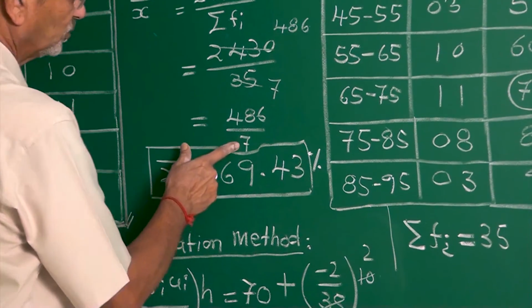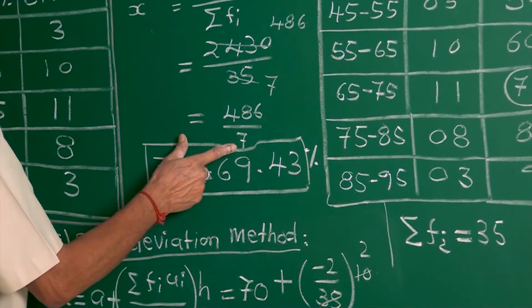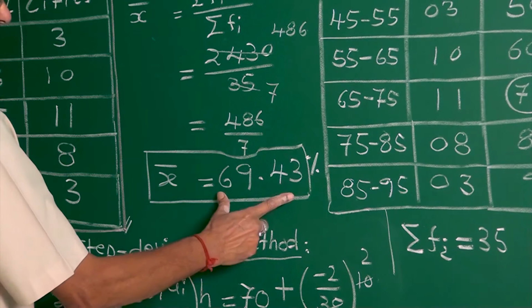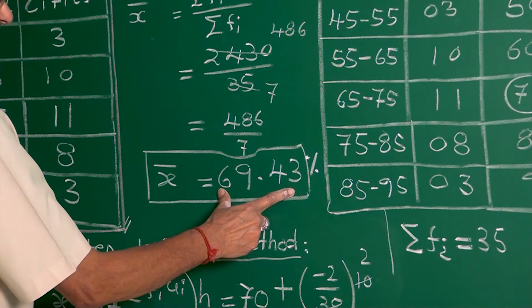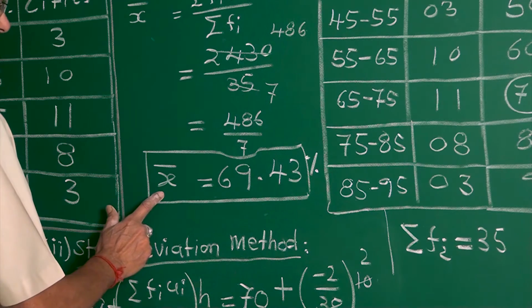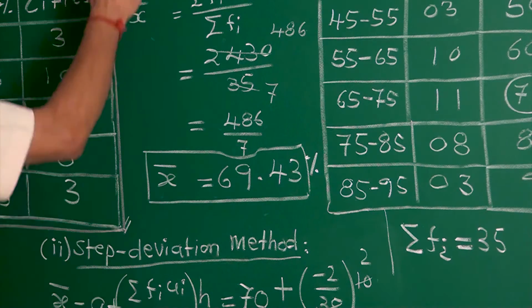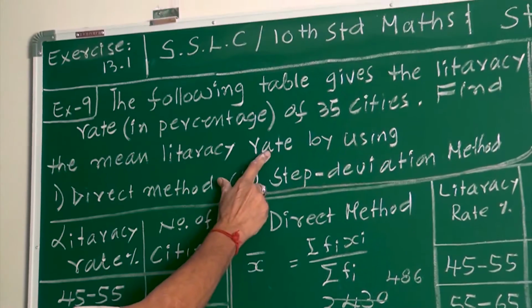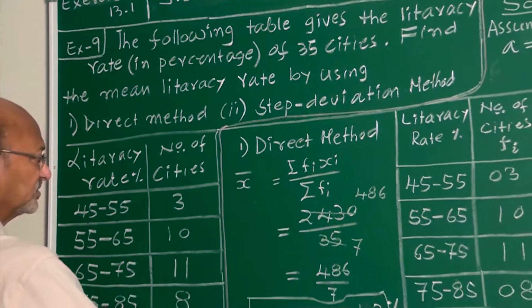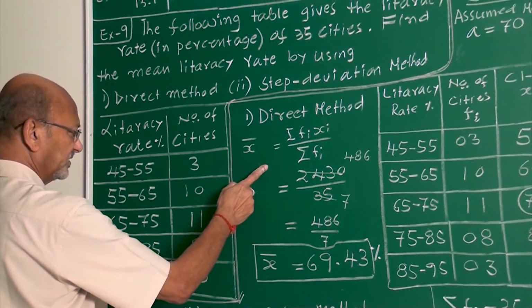If you divide 486 by 7, you get 69.43 percentage, which is your mean. What is that mean? The mean literacy rate is 69.43 percentage. This is by the direct method.